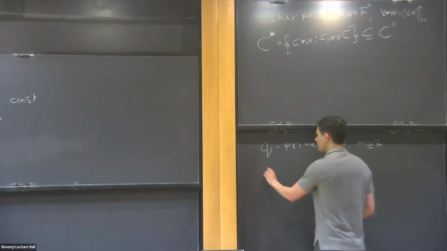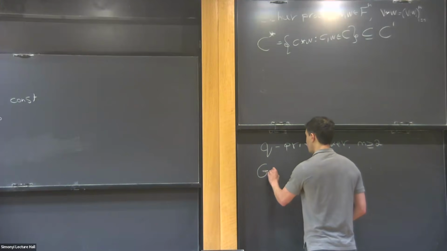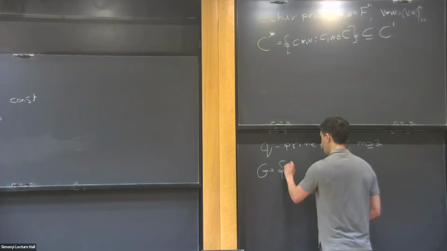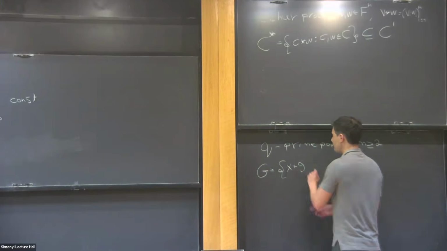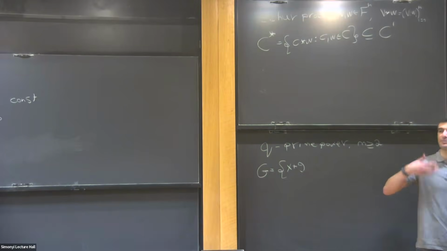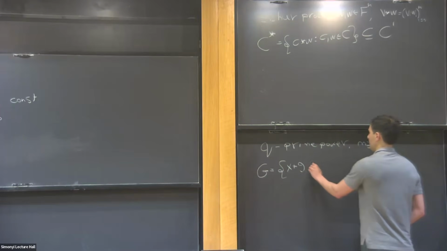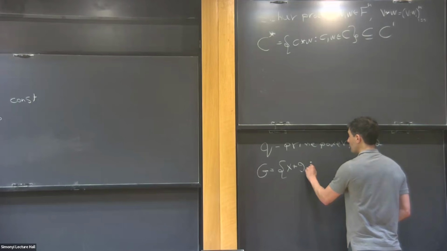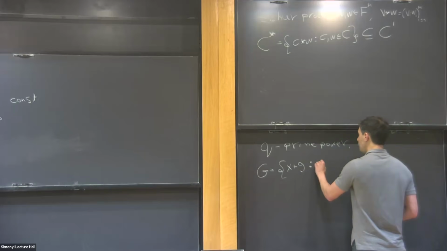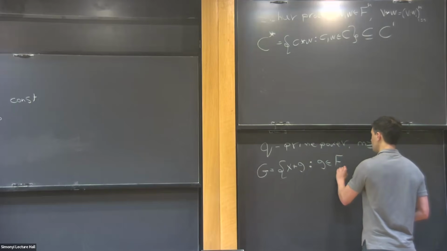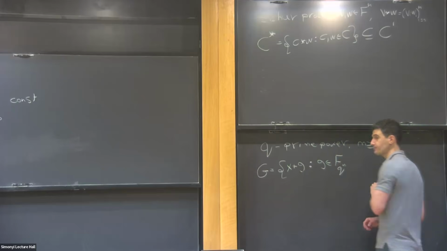And we define two groups. One group is the following: a group of affine transformations, x is mapped to x plus g. Basically, it's a group of translations, where g is in the field F_q^m.